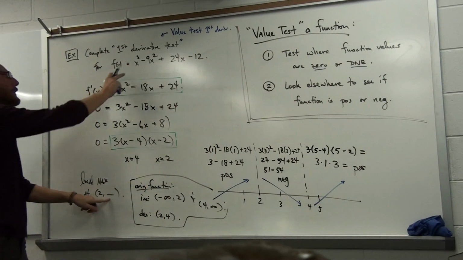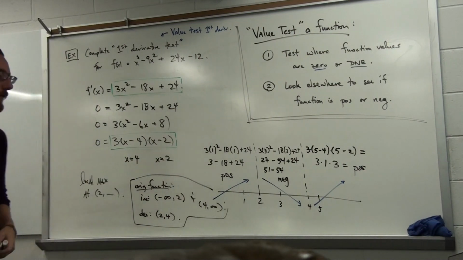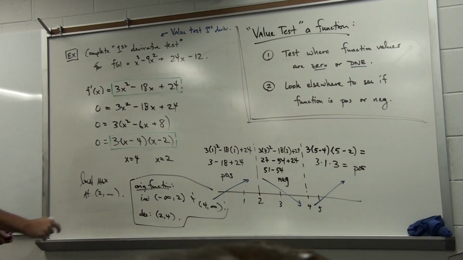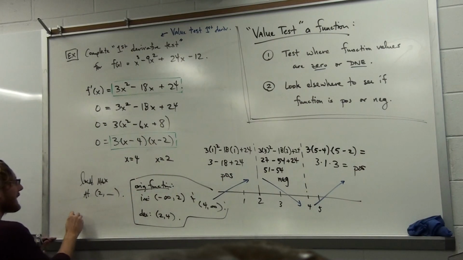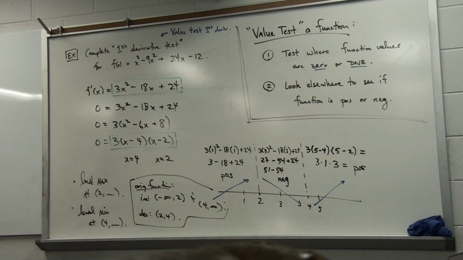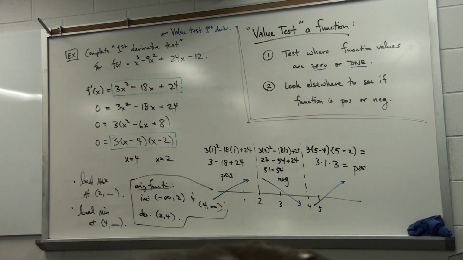Whatever the function value is, we could plug back into the original function to see how high it is. But no matter, we know we've got a local max at x equals 2. And moreover, look at x equals 4. We know we've got a local minimum at x equals 4. Since the function goes from downhill to uphill, the function must have bottomed out at that point.